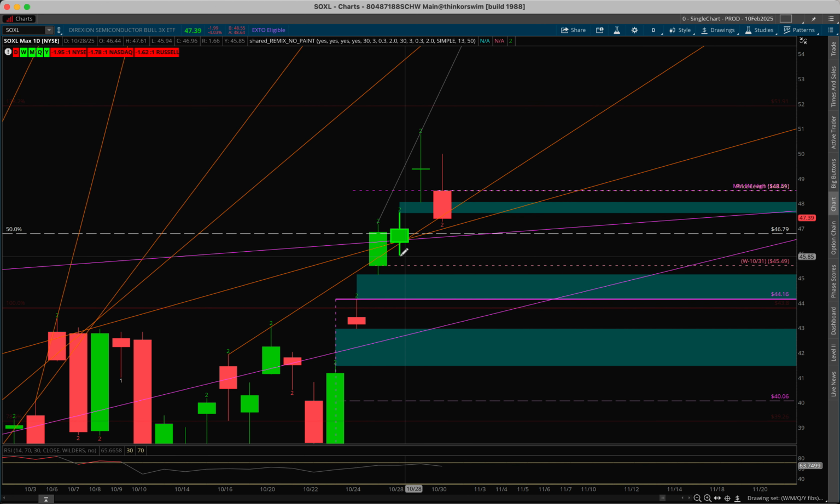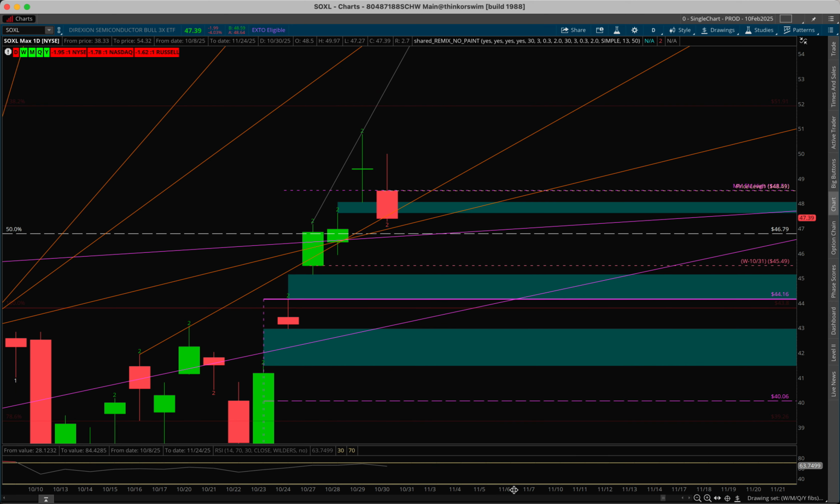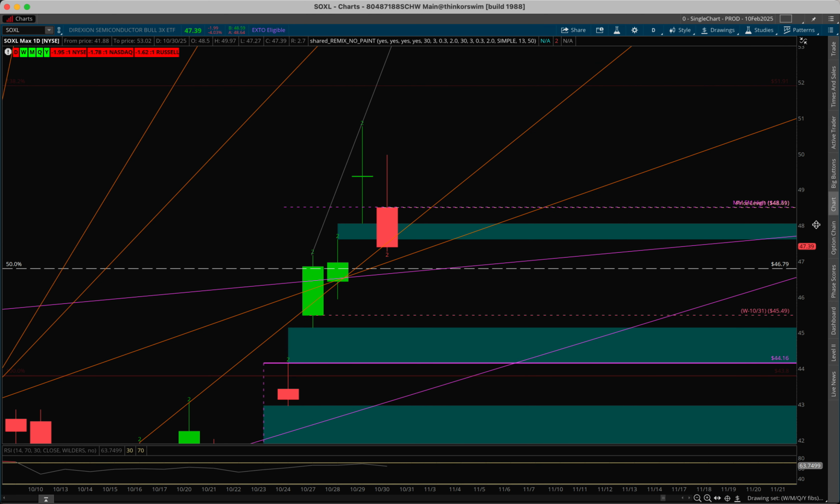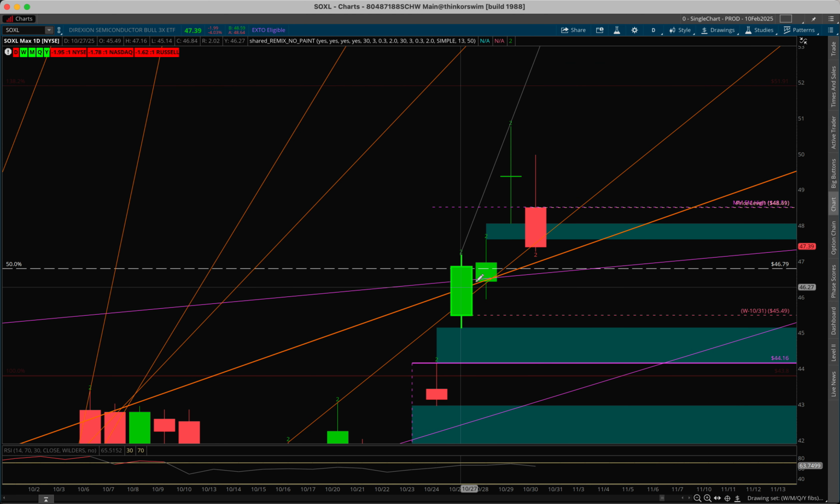Obviously didn't reach magnitude, that magnitude being the low of this candle to the left of the 2 up. So we could see continuation to the downside with the 2 up combo 2 down, trying to see the magnitude of this, which if we reach that level puts us into a combo 2 up, combo 2 down situation, right? So 2 up, 2 up, and then this is the 2 up.